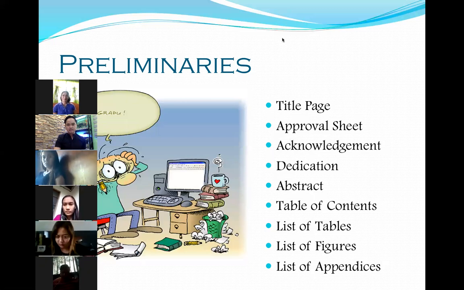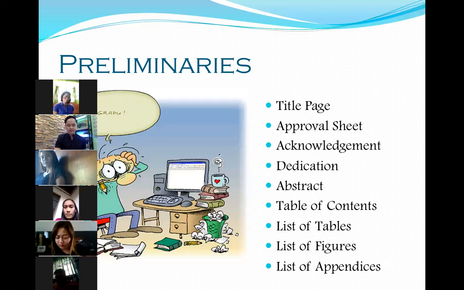Again, these 9 parts of the preliminaries are expected to be present for those who are going to present their final paper. Take note also the difference between proposal defense and final defense. For proposal defense, the tenses should be future tense.